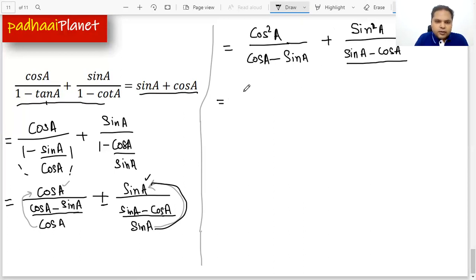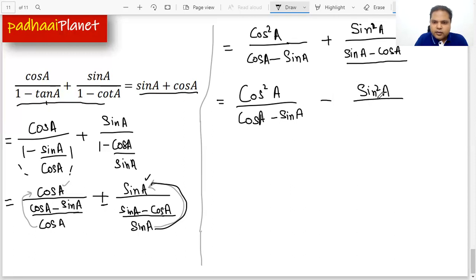So it is cos squared A over cos A minus sine A, and we take minus common from here, so it is minus sine squared A over cos A minus sine A. It gets reversed.